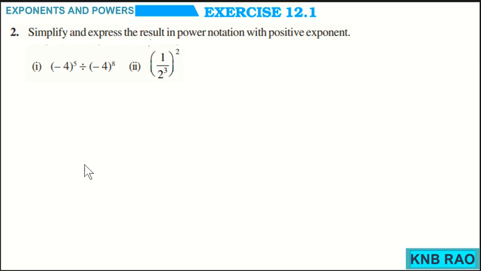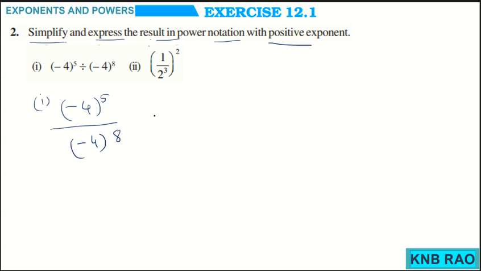Coming to question number 2, question number 1. We are asked to simplify and express the result in power notation only, but with a positive exponent. So here we have minus 4 whole raised to the power 5 upon minus 4 whole raised to the power 8.